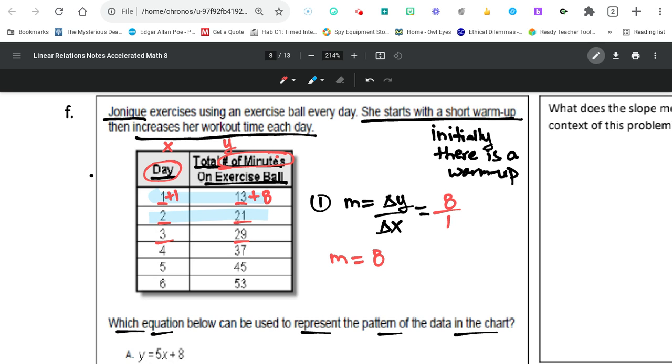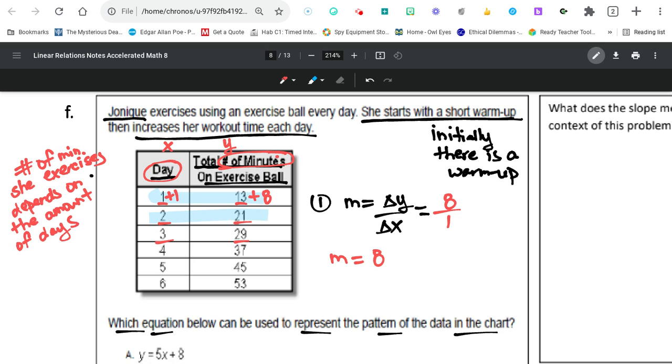So in other words, the number of minutes she exercises depends on the amount of days. More days, then she spends more minutes. Less days, she spends less minutes. Remember, she's increasing her workout time every day, okay?